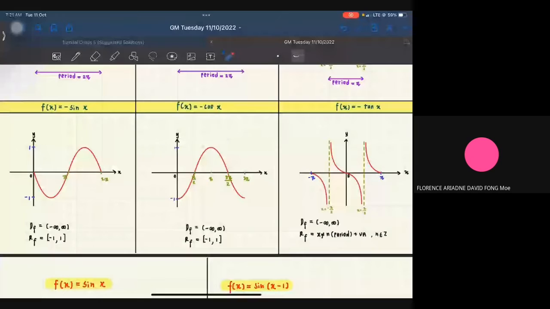Domain kita suka pakai decimal, sekejap saya tunjuk kau.